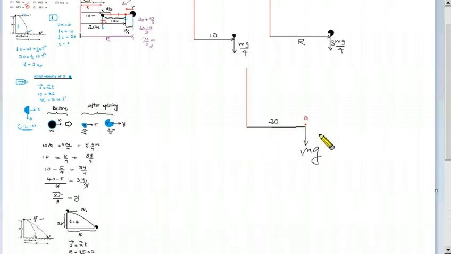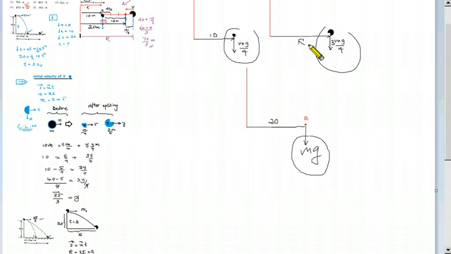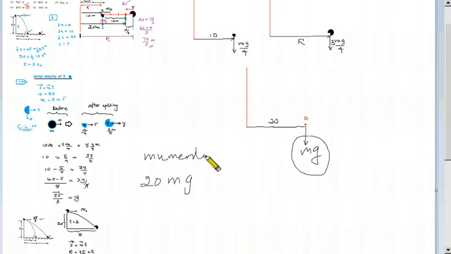So the momentum at the center of gravity equals the sum of these two. So mg times 20 is the momentum. Now we are taking momentum. 20 times mg equals the momentums of these two.